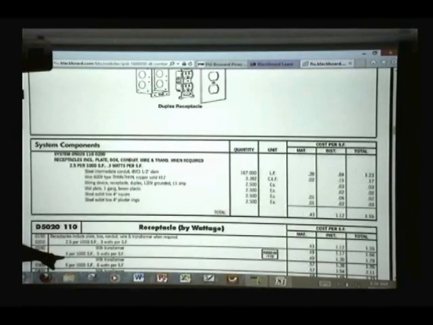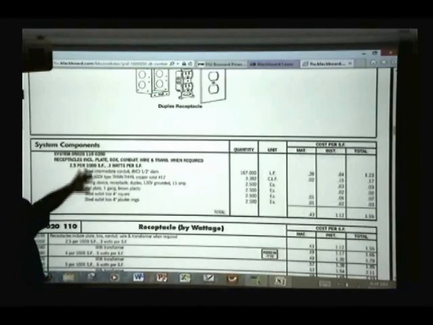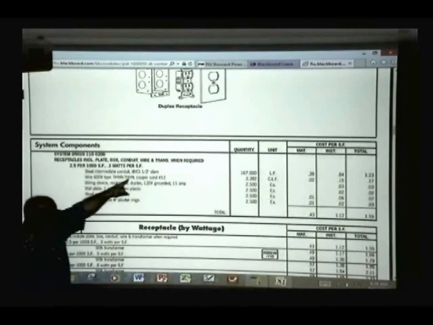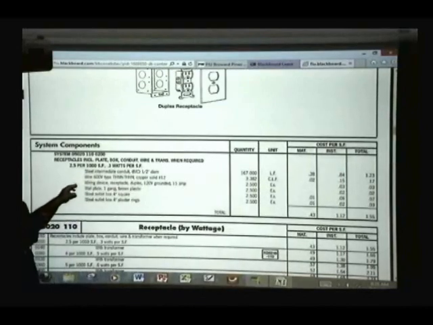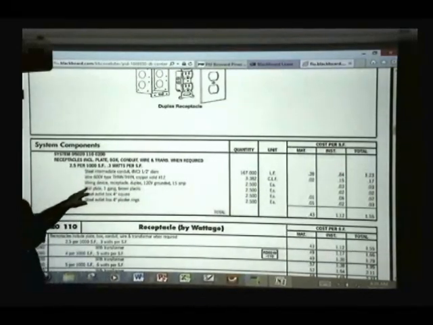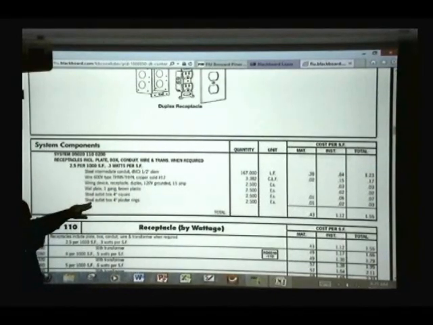It will include all of this information: intermediate conduit, the wire, 600 volts type THWN, which is the characteristics of the insulator if it's high temperature. Copper solid number 12, wiring devices, wall plate, steel outlet, and outlet box.